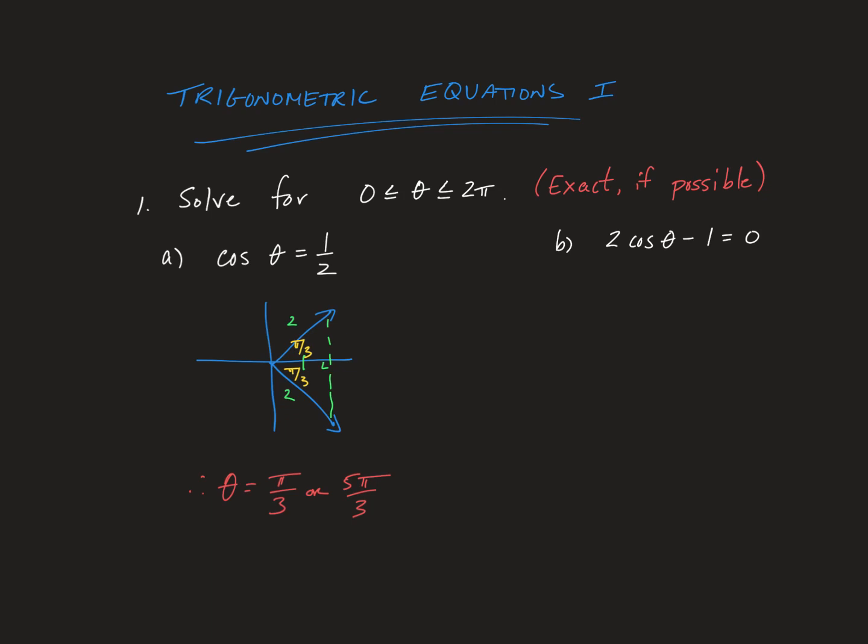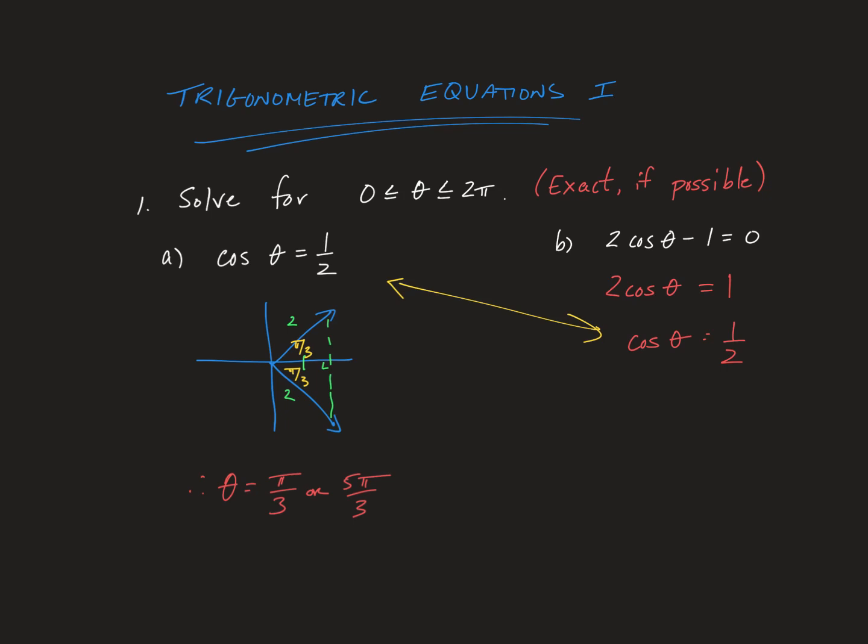Take a look at B. What you'll notice is B actually looks an awful lot like A. If you went through the process of isolating your trig ratio, which means let's get rid of that 1, and now let's divide out your 2, you'll notice that I actually gave you the same trig equation. So we don't need to finish off B. You can see how you would finish off B in your solution to A.